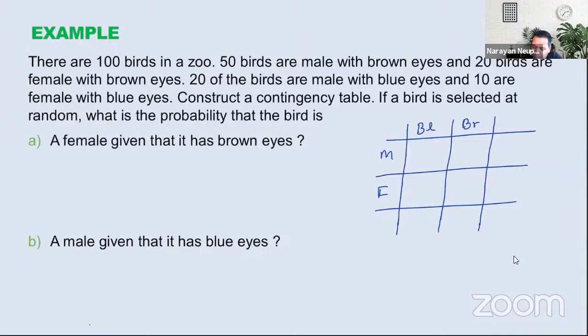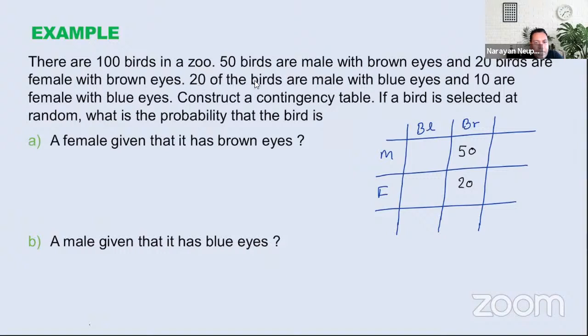Here, if we read through the problem properly, 50 birds are male with brown eyes. Male with brown eyes, 50. So they are here. 20 birds are female with brown eyes, they will go here, 20.